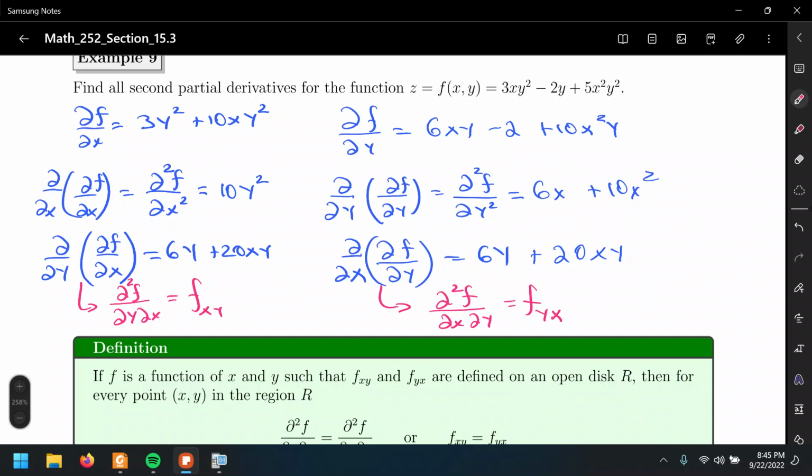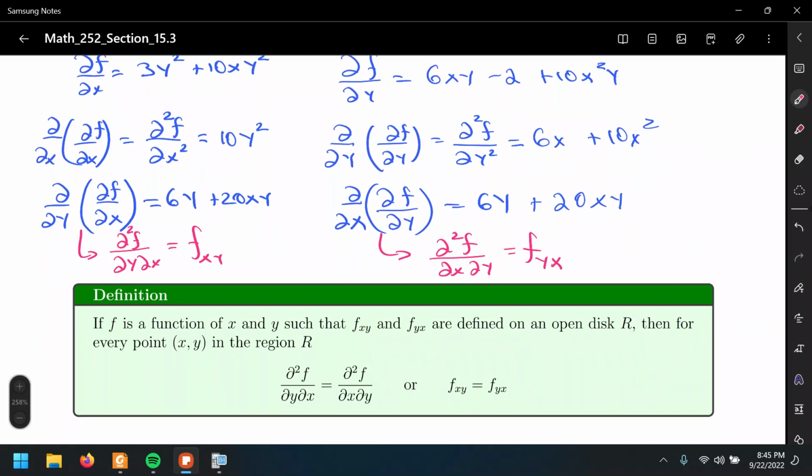And well, we can summarize the last result: whenever we have a function of x and y such that the two mixed partial derivatives are all defined on an open disk, notice how the language is going to change. Back in Calc 1, we talked about functions defined on the interval a to b, because that was just a segment, a line of real numbers.